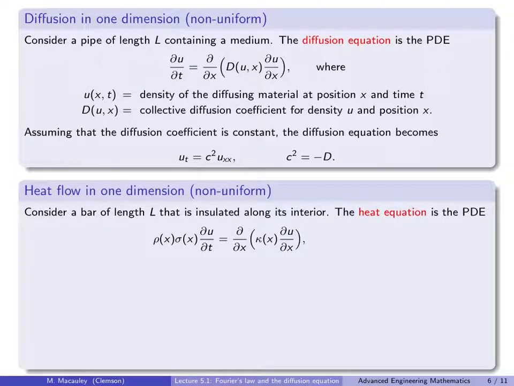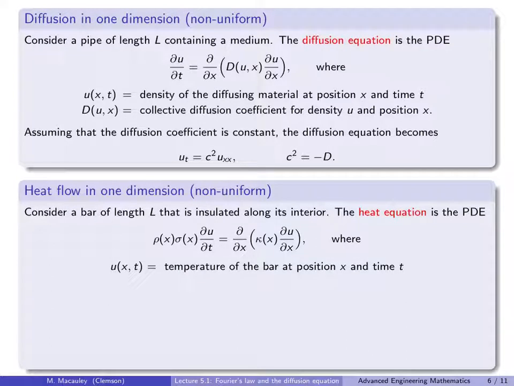Similarly, for heat flow in one dimension, in the non-uniform case, suppose we have a bar of length L that is insulated along its interior, so heat flows only in one direction. Then the heat equation in general is the following PDE. So it's rho of x times sigma of x times du/dt equals d/dx of kappa of x times du/dx.